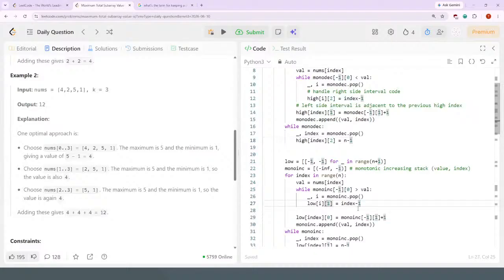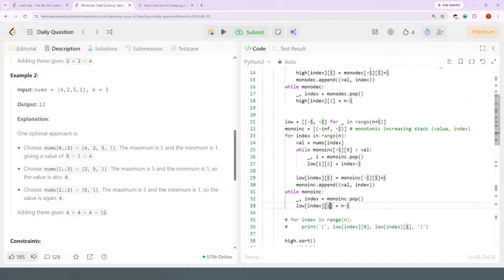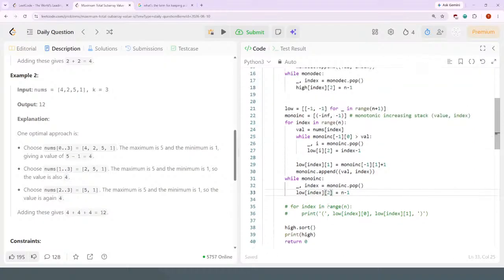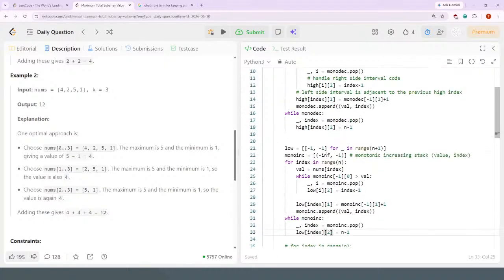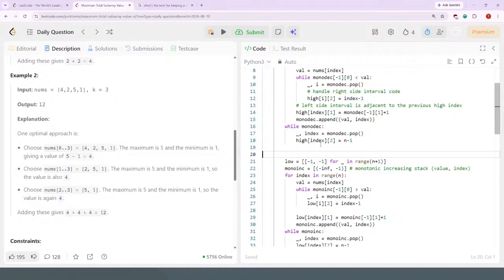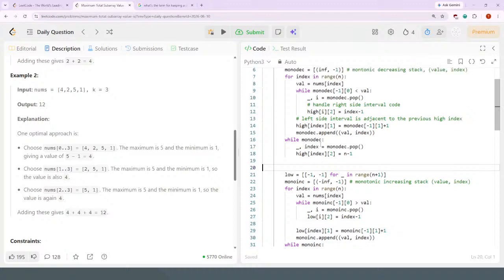So this should be the ending index, starting index, ending index. And I kind of want to remove the infinity before I sort, if possible.